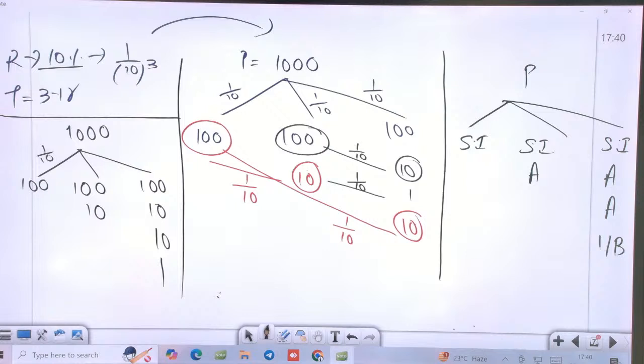Five percent, 5 by 100. If you expand it, it will be 5 by 100. 3 years. Done. First do the fraction.